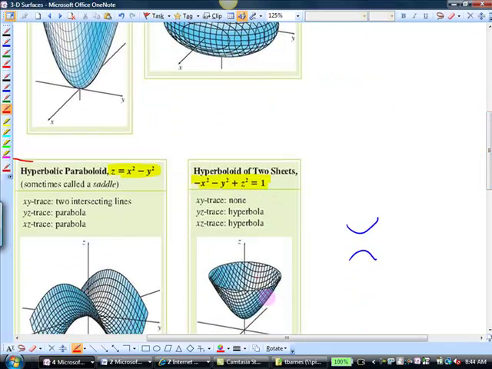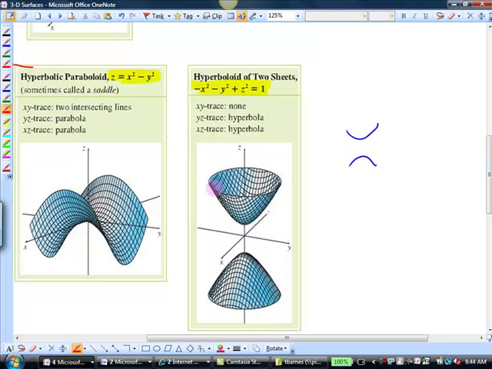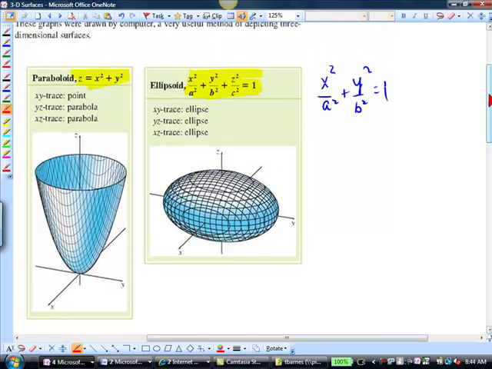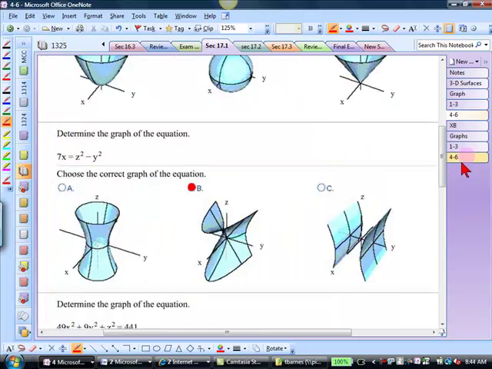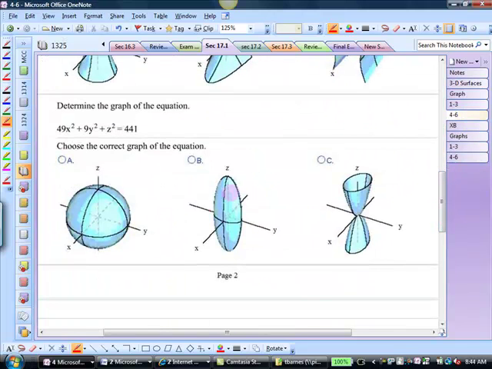All three are squared there, but what's the difference? Yeah, this one has some minuses, which is going to make it split. This one, they're all positive. All right, so let's look back at our stuff. So it should be B. A sphere, which is what that is, circles.